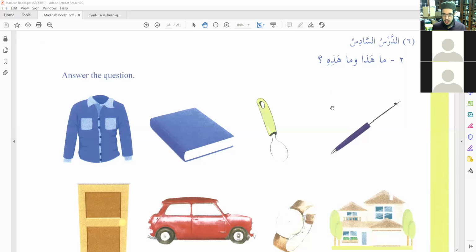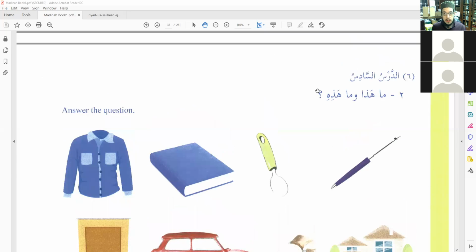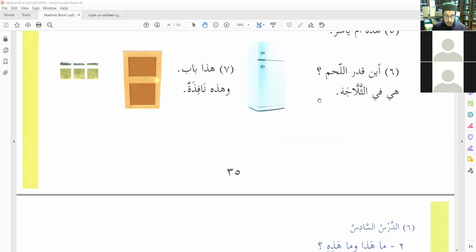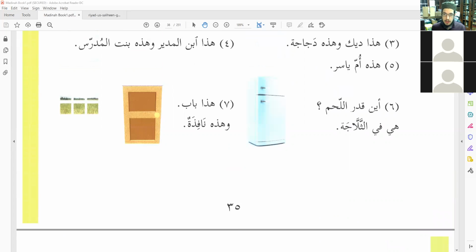So previously, we had done exercises learning a bunch of new vocabulary, and we noticed that the most indicative pattern, the biggest crutch that we have to lean on, is the ta marbuta when it comes to identifying what is feminine and what is not, what is masculine and what is not.